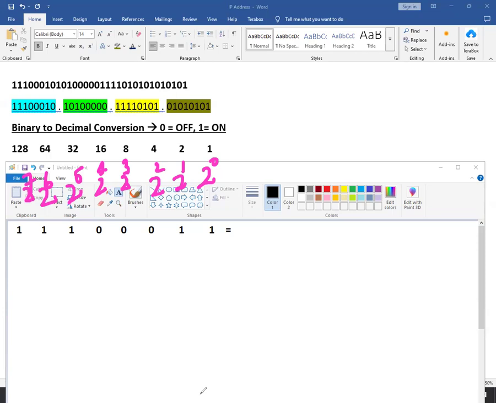We are taking base as 2 because binary has only 0 and 1, so it is 2. Now tell me, what is 2 power 0? Anything to the power of 0 is 1, right? 2 power 1 is 2. 2 power 2 is 4. 2 power 3 is 8. 2 power 4 is 16. 2 power 5 is 32. 2 power 6 is 64. 2 power 7 is 128. We are just doubling the numbers here, right? So these are the binary bit values.